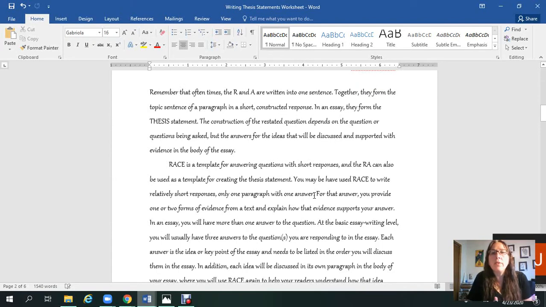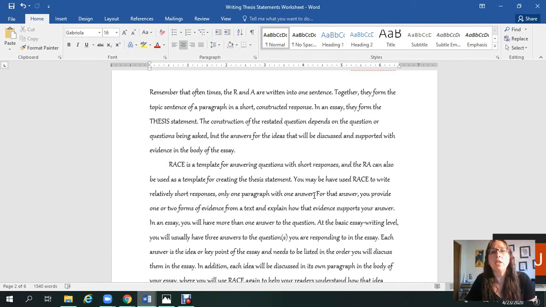Remember that oftentimes the R and the A are written in one sentence. So together they form a topic sentence of a paragraph and a short constructed response, which is something you are used to doing in our classes. In an essay, they form the thesis statement.